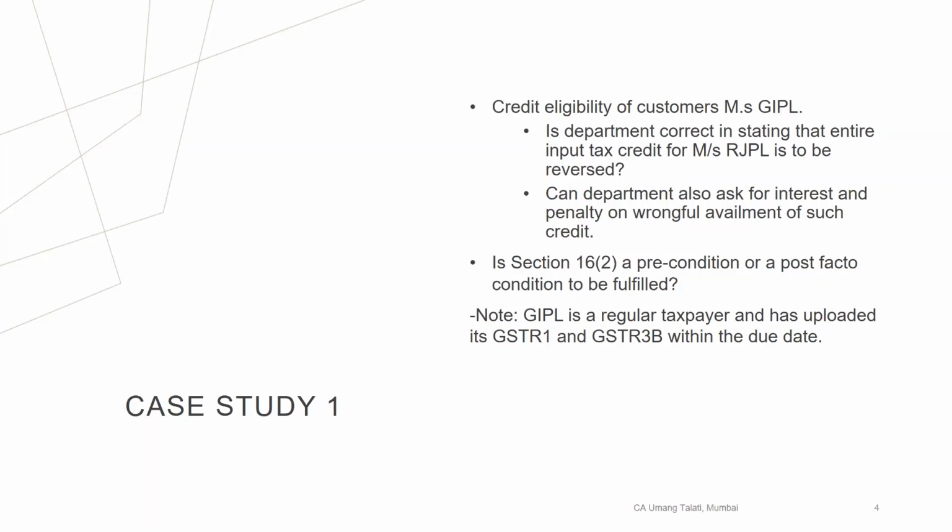Sir, my view is that rule 48(5) says that it will not be treated as an invoice. But is there any condition in the section, in the Act, that you are not eligible to claim the credit if the invoice is not generated as per e-invoicing norms?